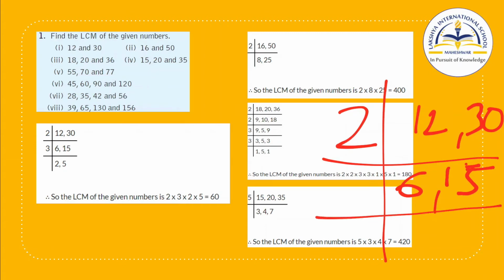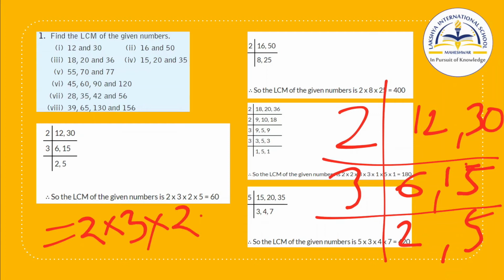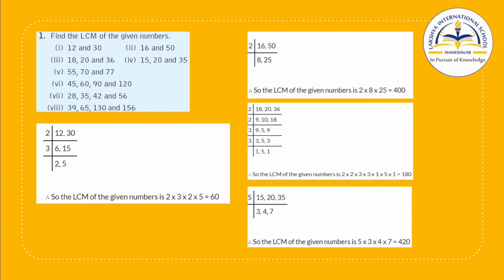We can divide again by 2, but we directly divide by 3, then we will get 2 and 5. So how can you write the LCM of the given numbers? It equals 2 into 3 into 2 into 5, and when you solve this you will get the answer, that is 60.